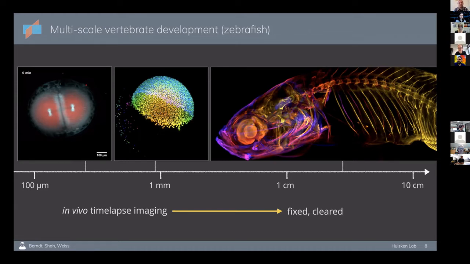So of course, the challenge here for the future is to push the limit further and further, being able to image longer and longer alive. And then at the last time point, basically fixing and clearing the specimen. And then ideally, which is one of our goals, is to merge the data. So you have the maybe lower spatial resolution, high temporal resolution in vivo data set, and you have a high spatial resolution data set at the end.